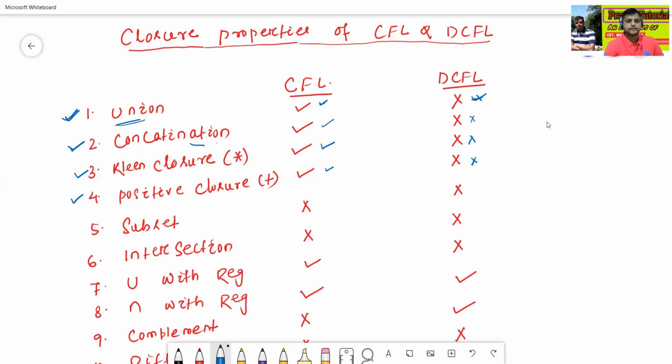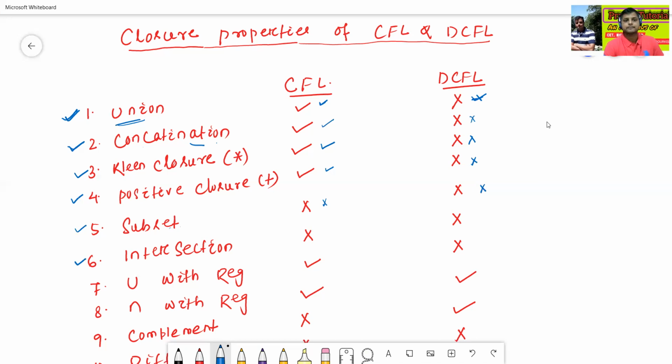Then subset. Subset is not closed under CFL operation, and subset is also not closed under DCFL operation. Then intersection.